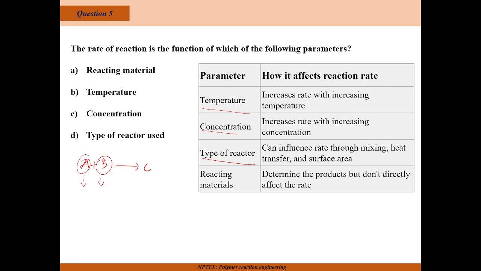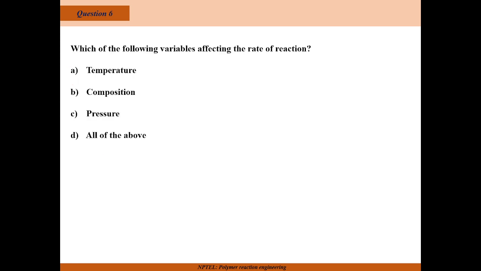So the answer is three. It can be four, but comparing to the other three, A is a bit obvious, and the major controlling parameters of a reaction are the temperature, concentration, and the type of the reactor. So the major answer is three. Clear. Good. Okay, so this is the next question.